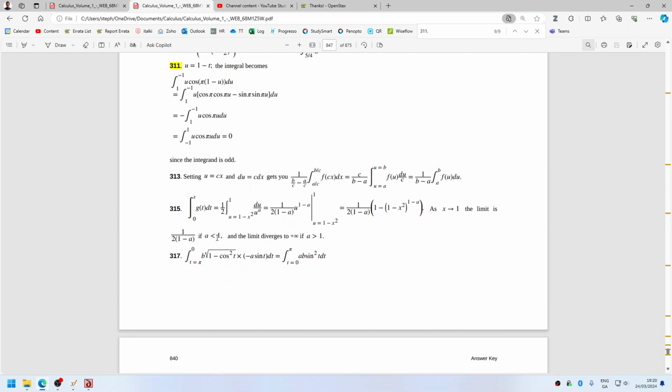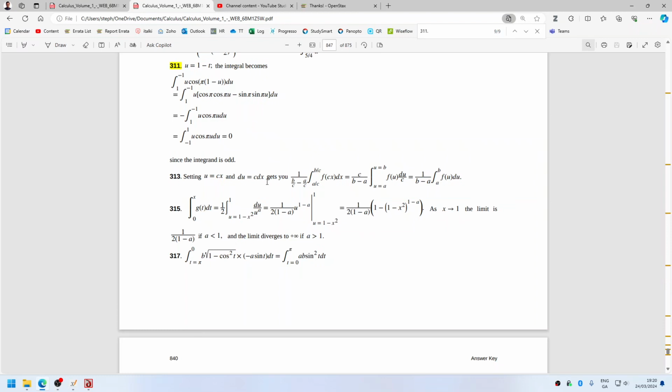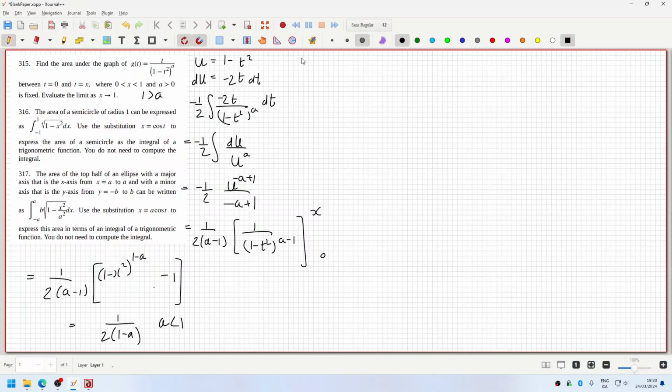Okay, so I guess they would want you to say about the answer having to converge or diverge. So yeah, we have to have a less than 1, otherwise it's divergent, and there isn't an answer. Okay, that's okay.